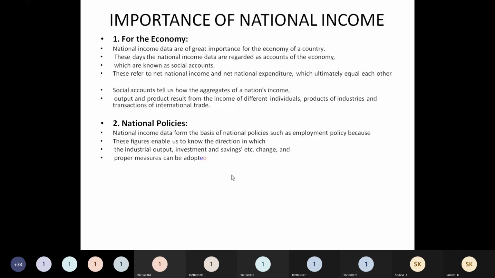In national income, we can see what is the industrial output, what is the investment, what are the savings, etc., and how they are changing. That will be considered here to bring changes in your national policies. So if investment is there or if savings are there, then only there is possibility of bringing change in the policies, no? National policies. So that is considered here.